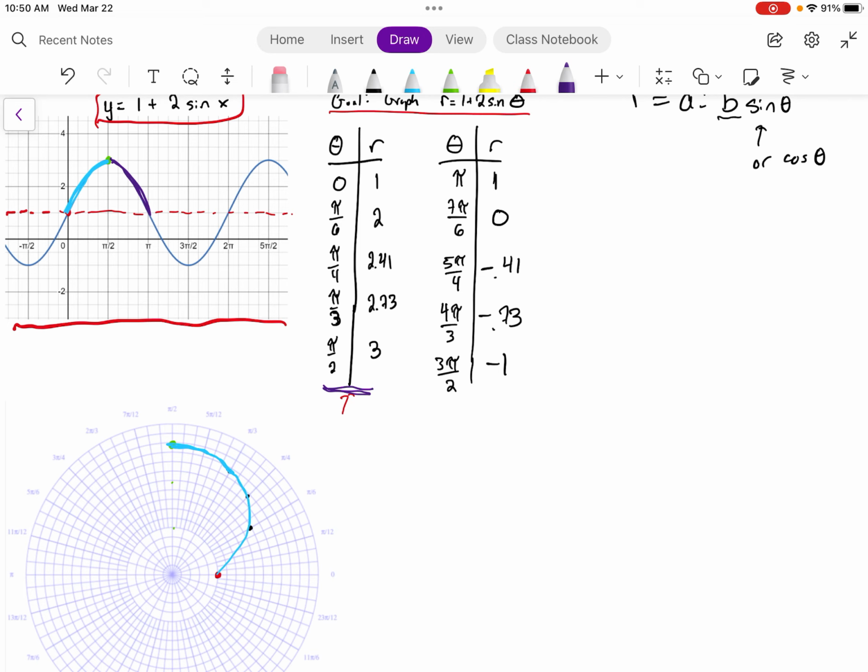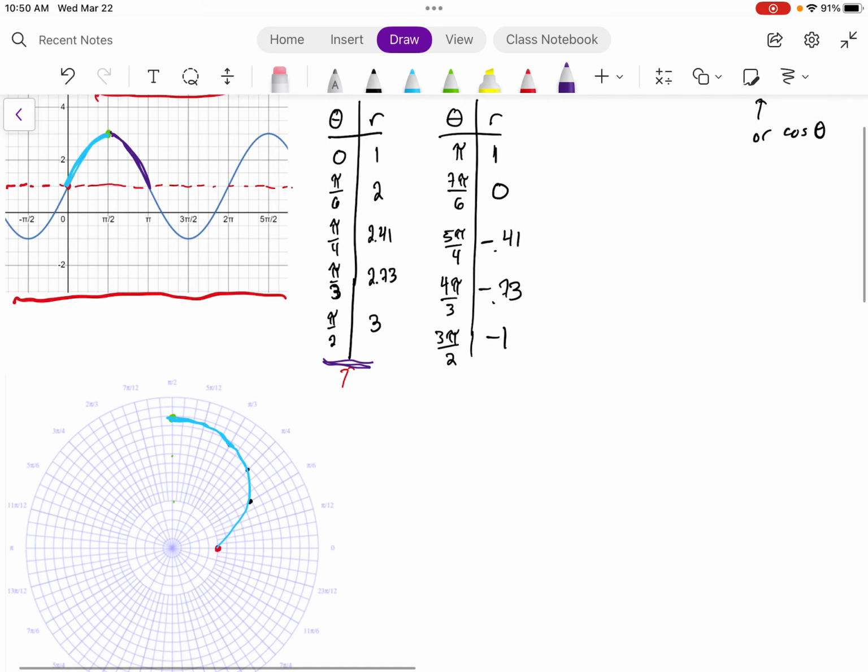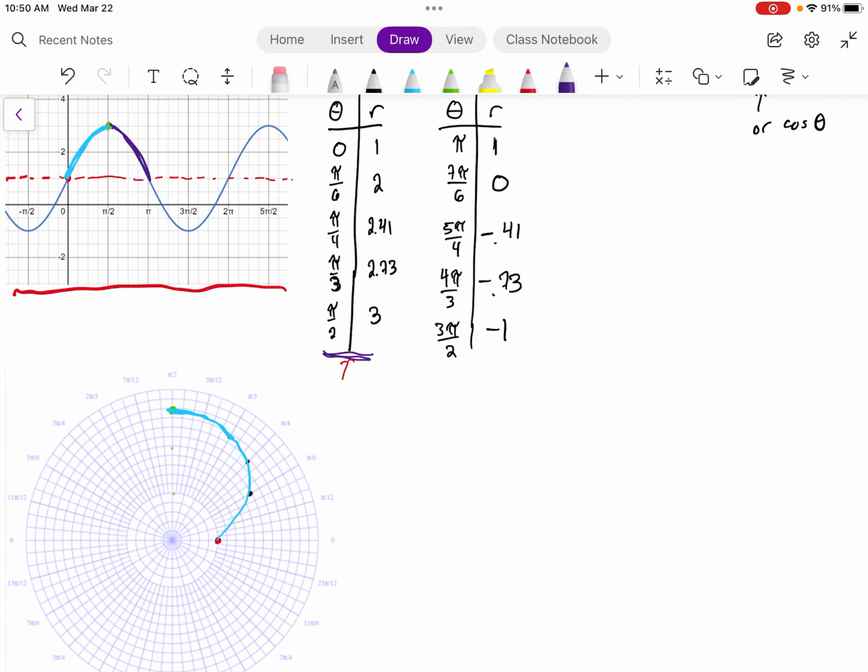As I come down from pi over 2 to pi, I'm thinking about the second quadrant of my graph, right? If we think about here being the first quadrant and here being the second quadrant, we don't really think about that with polar coordinates so much, but we could. I'm going to have the exact same sort of symmetry, and we would end up, I'm going to use red again for these points, at pi and 1, right?